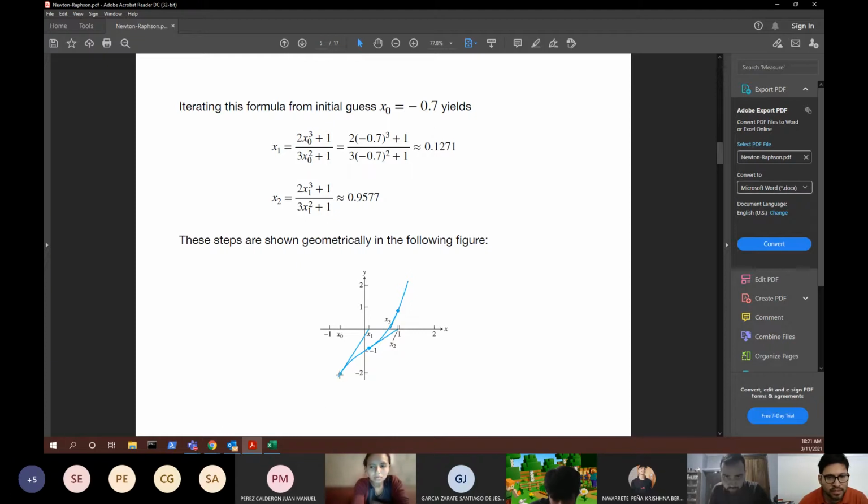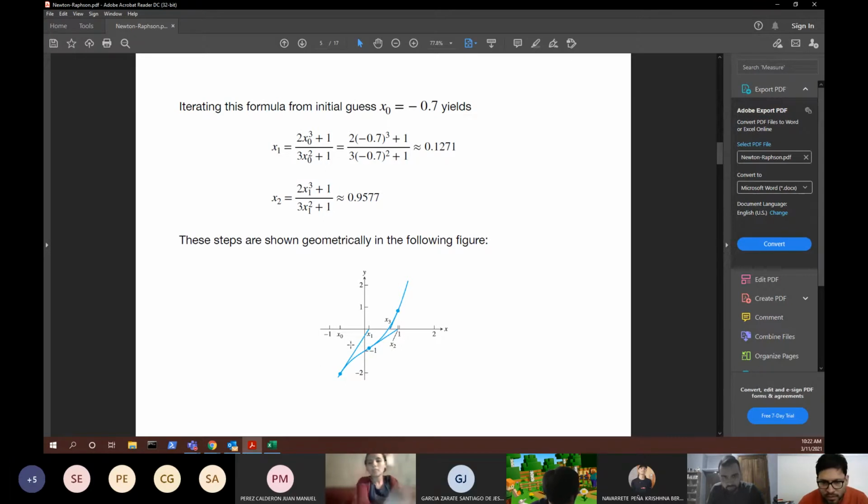So to illustrate the equation, we started with minus 0.7. This is the initial value, right? Then we have the derivative, this is the tangent. For the second one, it was actually 0.12. So we're at 0.12 here. We obtain the secant when x is equal to 0.12. It's here.